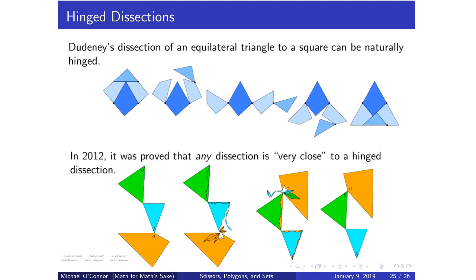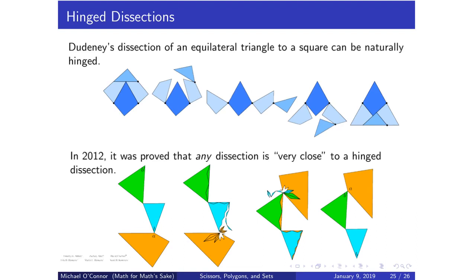Some dissections, including the one by Dewdney, actually have the property that you can put little hinge points on some of the vertices, and then the dissection proceeds with all those points of contact being maintained, so that you can make a physical model where this hinges outwards, flips around, and then folds back in to make the triangle.